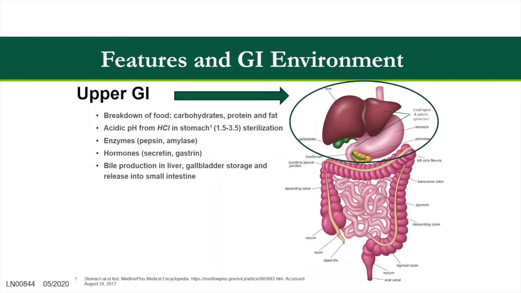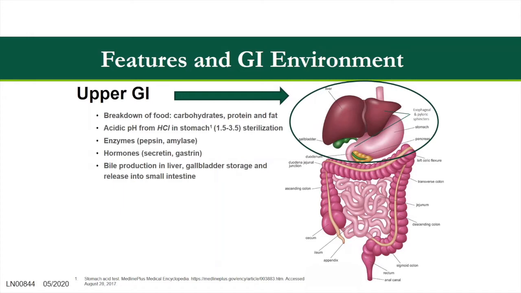This area is where you see a lot of the breakdown of food, the mastication of food initially in the mouth, when it gets solubilized by the saliva. As well, you see the effect on the various macronutrients being broken down, so carbohydrates, proteins, and fats. This is where it all starts.